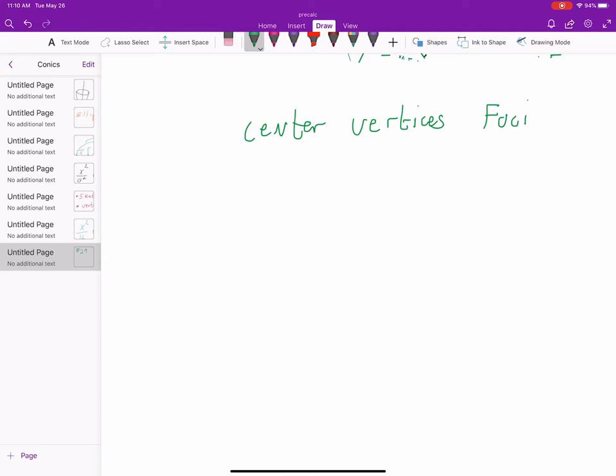Here's my equation: (x + 1) squared over 4, minus (y - 3) squared over 16 equals 1.